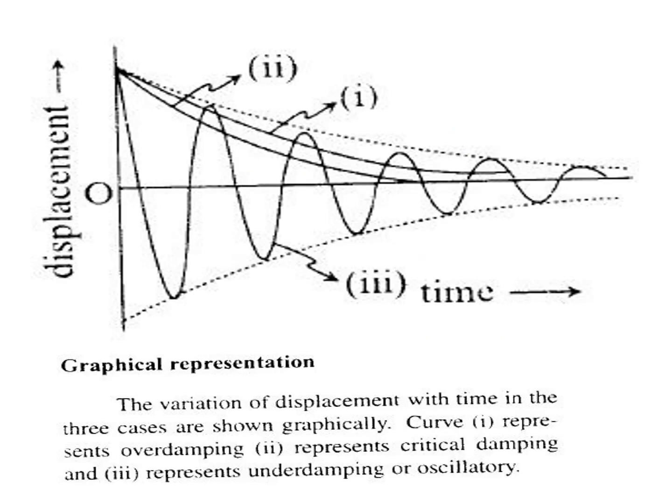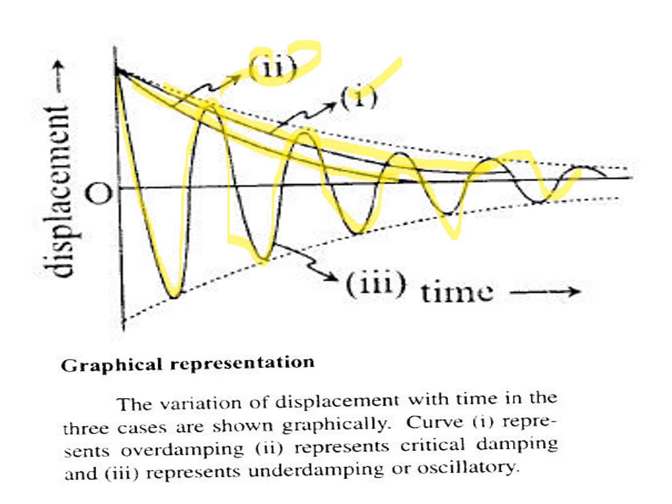The figure shows the graphical representation of the variation of displacement with time in the three cases. Overdamped case is represented by this curve denoted as 1. Now the critically damped case is represented by this curve denoted as 2, and the underdamped case, the third case, is represented by this curve.